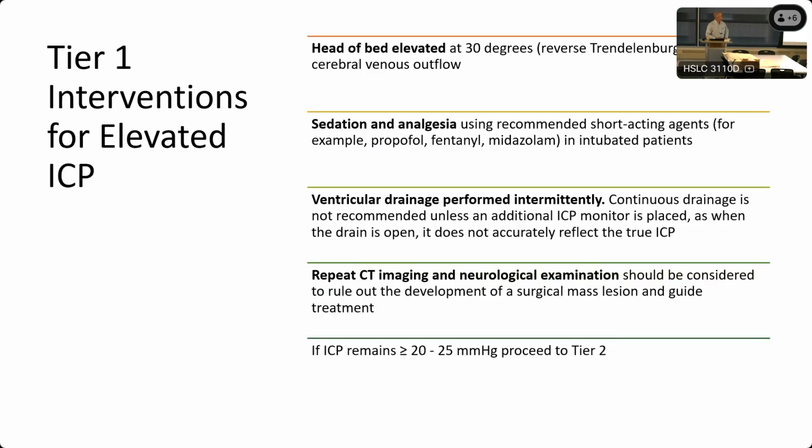So tier 1 interventions: head of bed elevated, sedation, analgesia, ventricular drainage performed intermittently. You can do repeat CT and neurologic examination to rule out development of a mass lesion. If the ICP remains greater than 20 or 25, you proceed to tier 2.